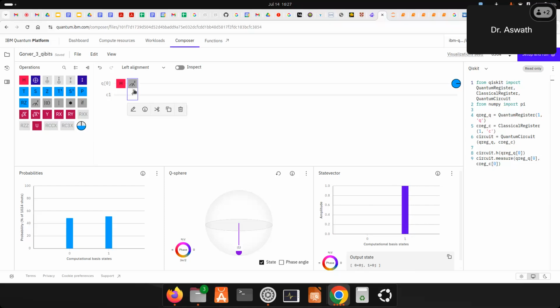That is the effect of this measurement on a quantum system. Remember, when I make a measurement, it is forcing the quantum system to lose its quantumness, falling into the classical state. That is what we see. This is not getting updated; if you refresh the system, it will update. Okay, right. Now let's remove this.